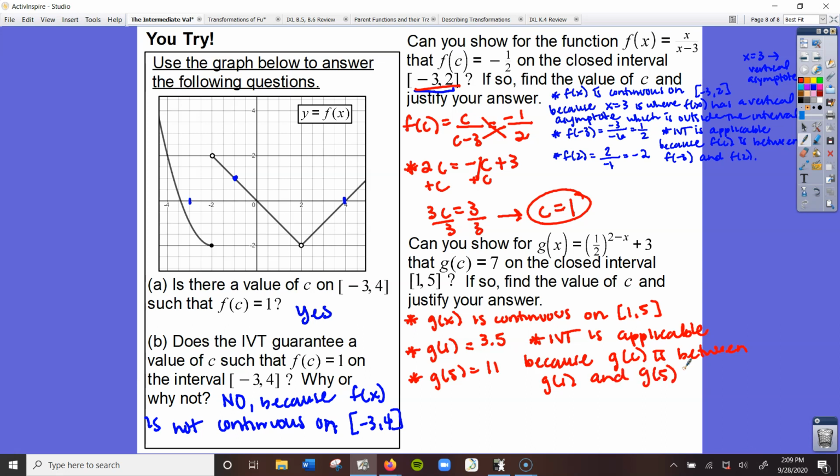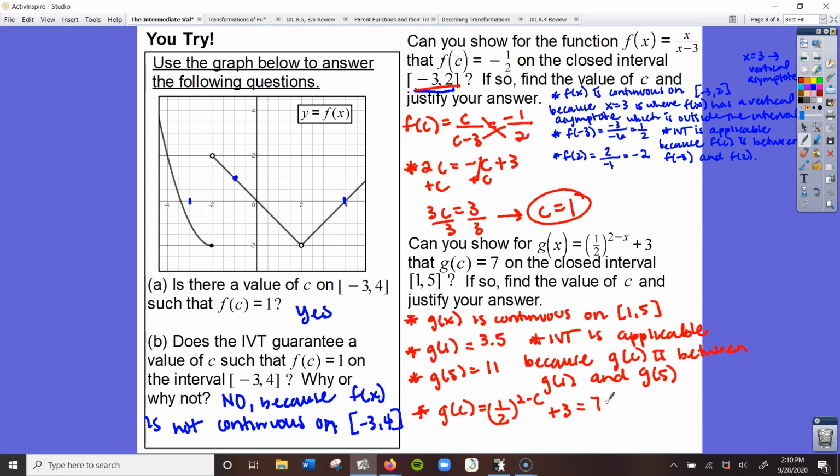Now we need to actually find the value of c. So we're going to set up our equation here just so you can see what I'm going to do, which is g of c is equal to 1 over 2 raised to the 2 minus c, plus 3, and we make it equal to 7. Now the calculator doesn't know how to find a particular x value for when y is anything other than 0.